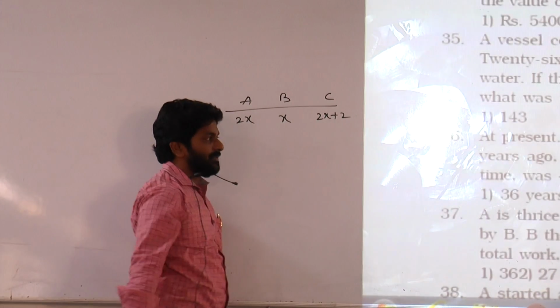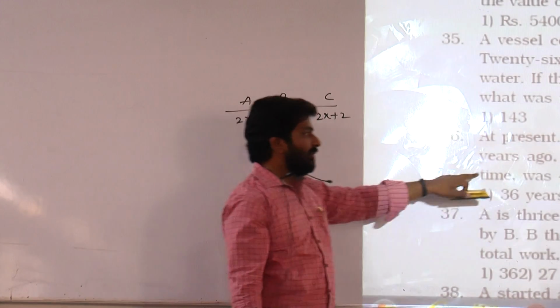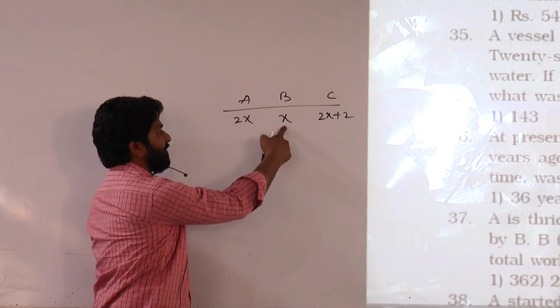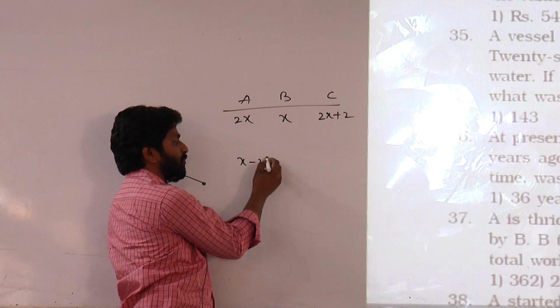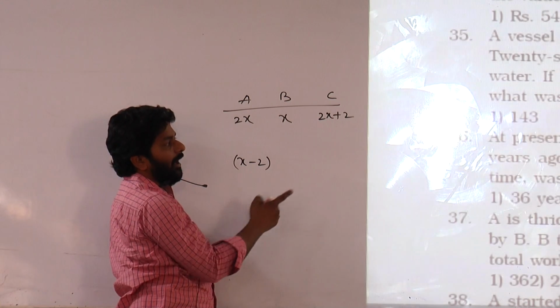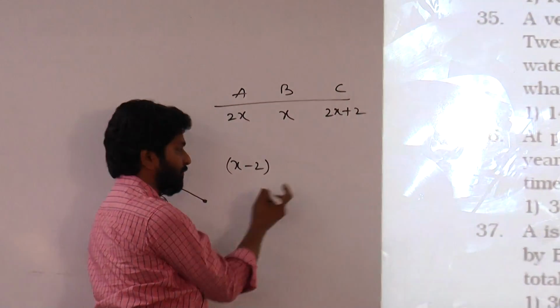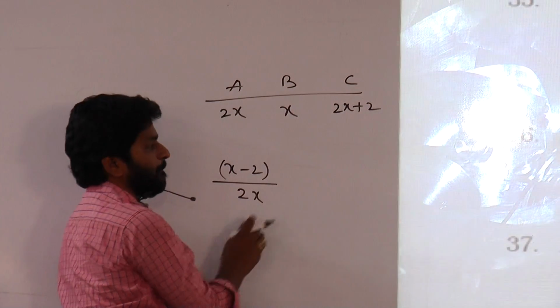This is present age. Respective ratio, when was that? 2 years ago. 2 years ago in the sense Bip's age becomes X minus 2. And then Cam's age 2X plus 2 minus 2, 2X.